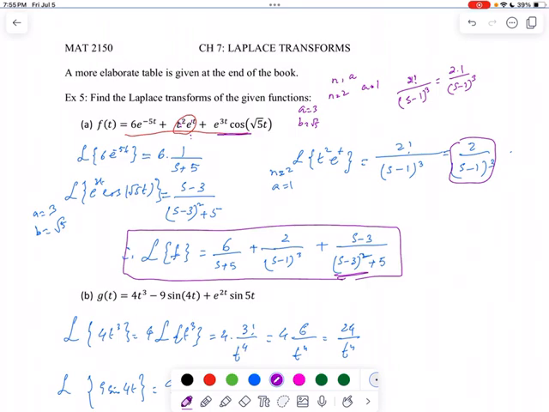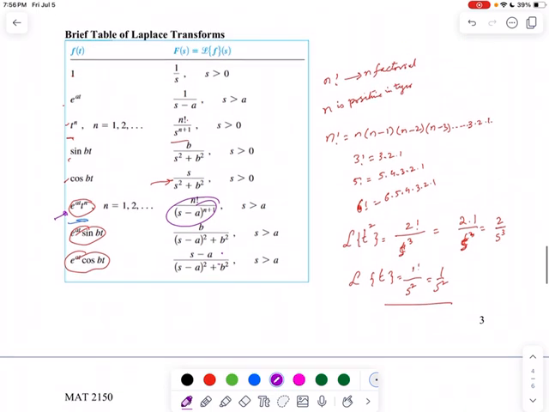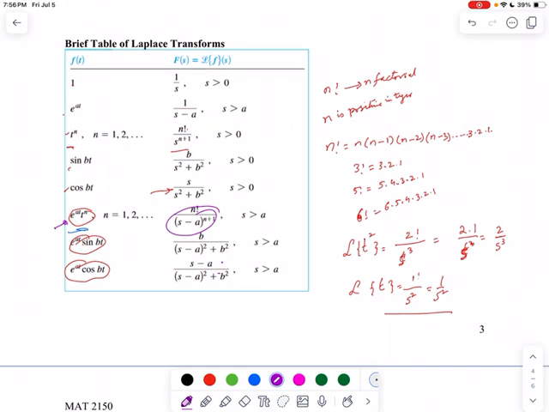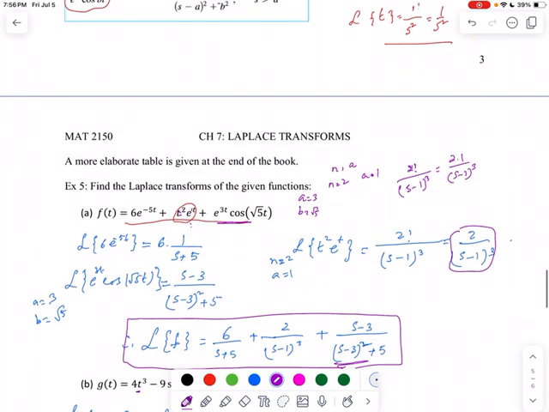Another example, similar type of thing. The first term is 4t cube. Remember, for t cube, 4 is just a scalar which will just sit there, and we will apply formula number 3 here. Use this one to figure out our transform.